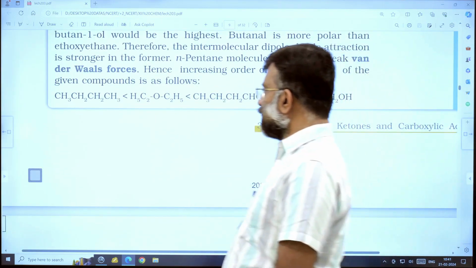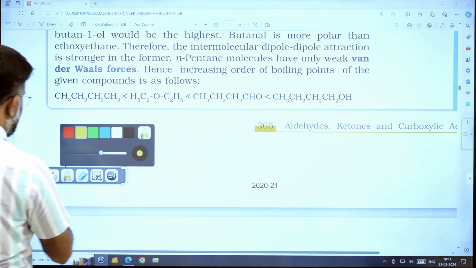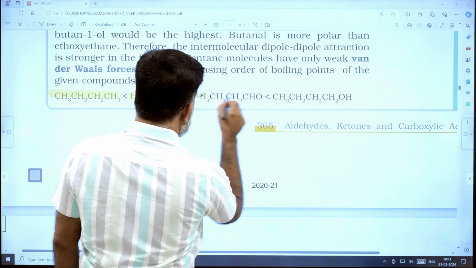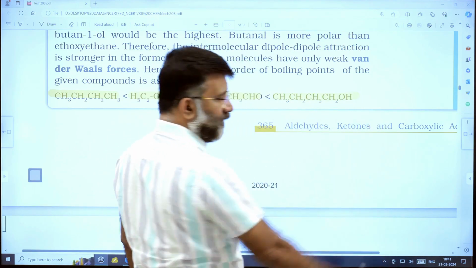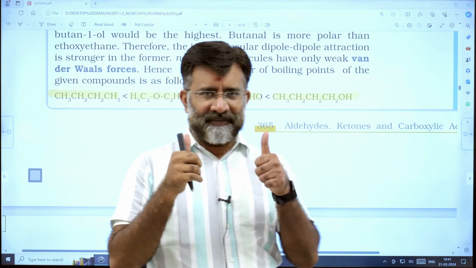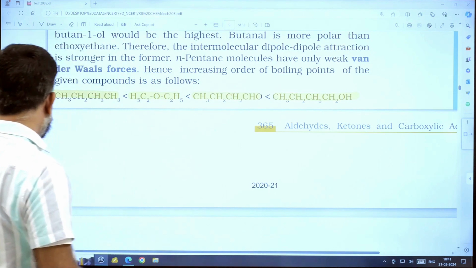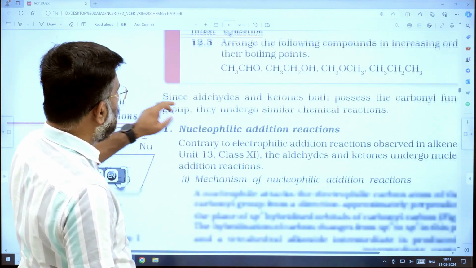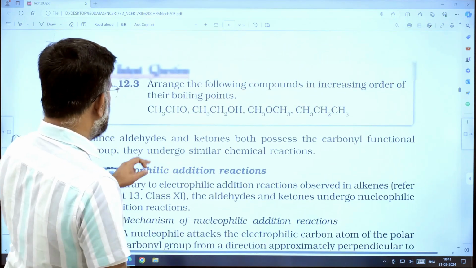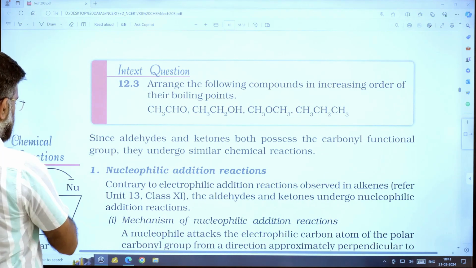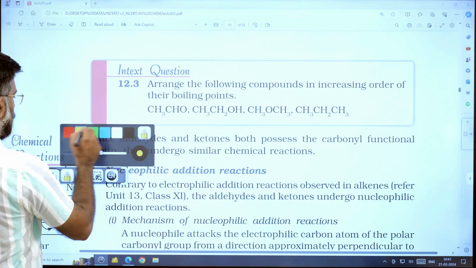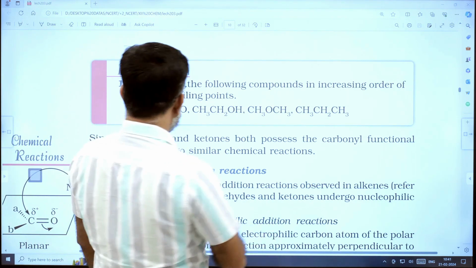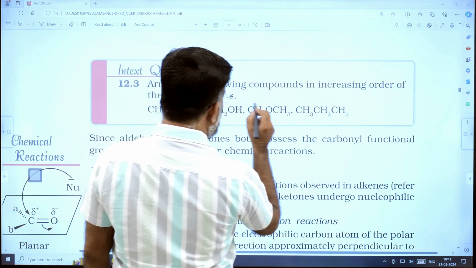Try to understand the order. Alkane, ether, aldehyde, alcohol. Clear? I mean the boiling point order. What will be the order here? In the increasing order, if I am putting numbers, lower value: aldehyde, alcohol, ether, alkane.